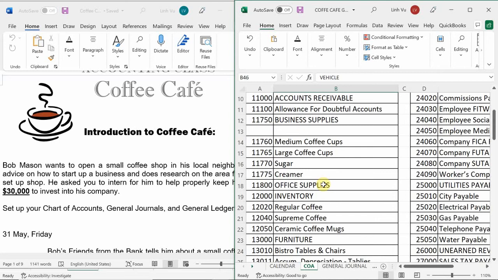Other things I'm going to be introducing: this is what it's normally supposed to do. The accounting cycle is you get your source documents, you analyze your source documents, then you post it to the journal and then you post it to the ledger.